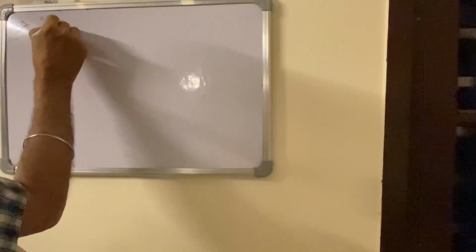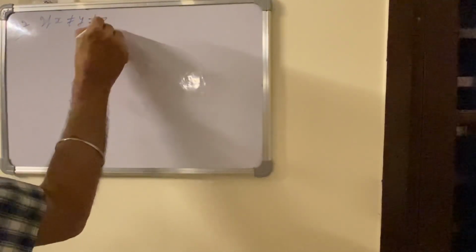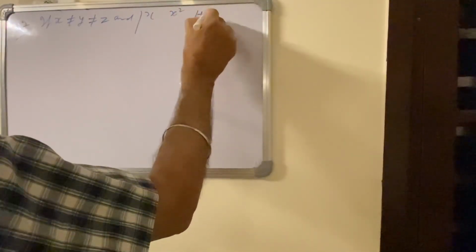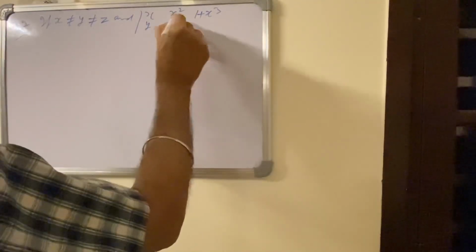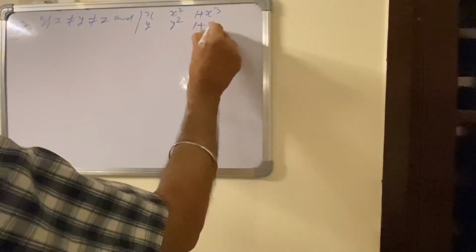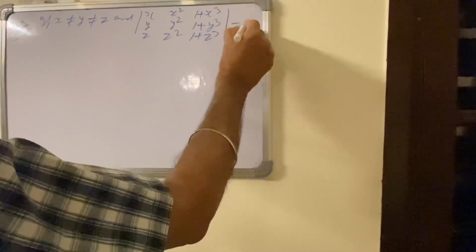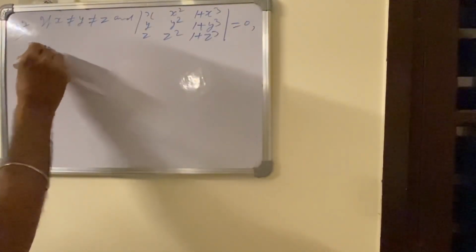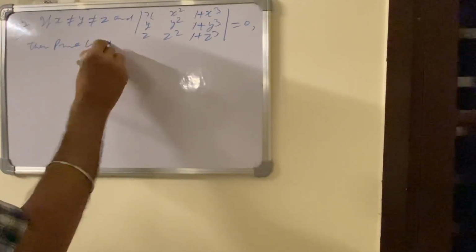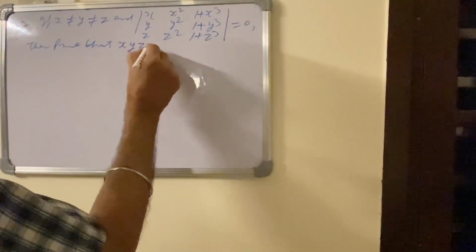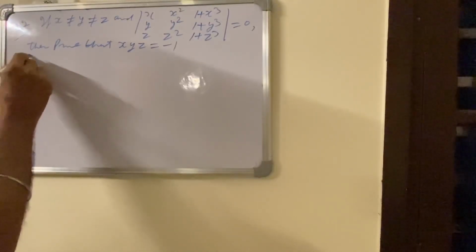If x is not equal to y is not equal to z, and the determinant with first column x, second column x squared, 1 plus x cube, then y, y squared, 1 plus y cube, z, z squared, 1 plus z cube is equal to 0, then prove that xyz is equal to minus 1. Prove.